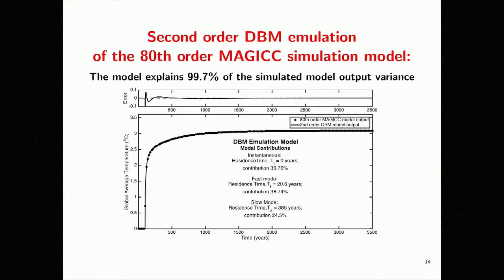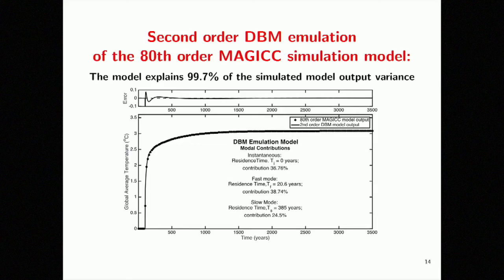And notice this is 3,500 years. So this is extraordinarily slow. And the second order model is the line. Above it, on a larger scale, is the error. And you can see most of the error occurs at the beginning, but this is only a second order model.